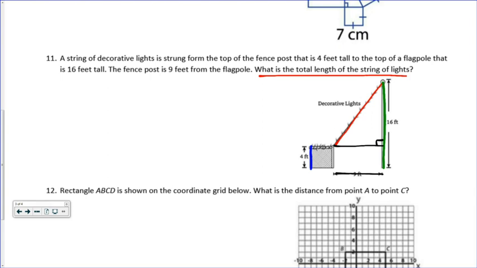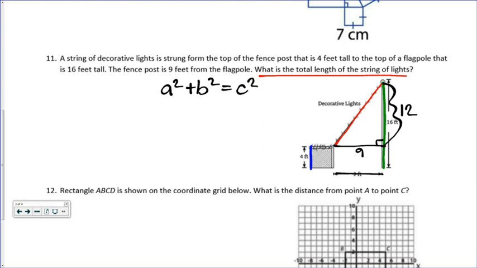Okay, using that information, I know that the distance from the fence to the flagpole is 9. And I also need to figure out now my triangle, the distance or the height of this flagpole needs to change because I'm not going all the way down to the ground. So 16 minus the 4 feet of the fence post is 12. So the height on this side of your right triangle is 12. From there, you've got your Pythagorean theorem. A squared plus b squared equals c squared.